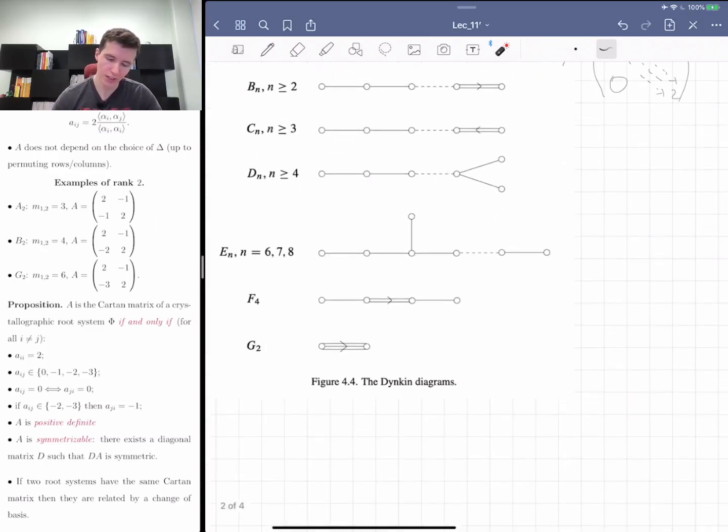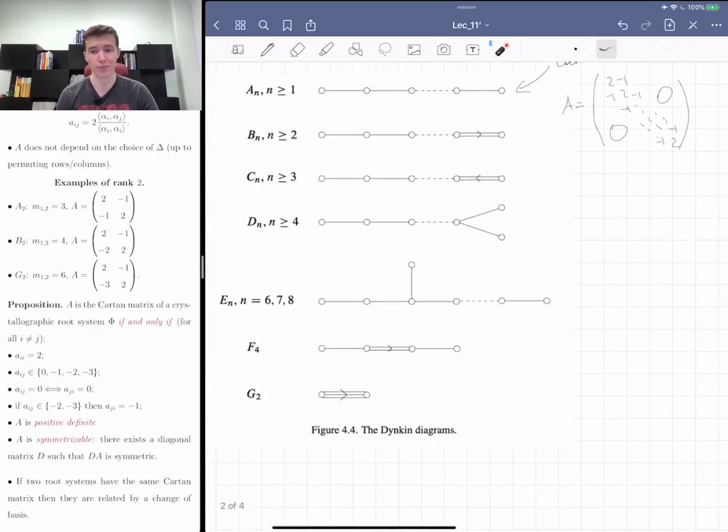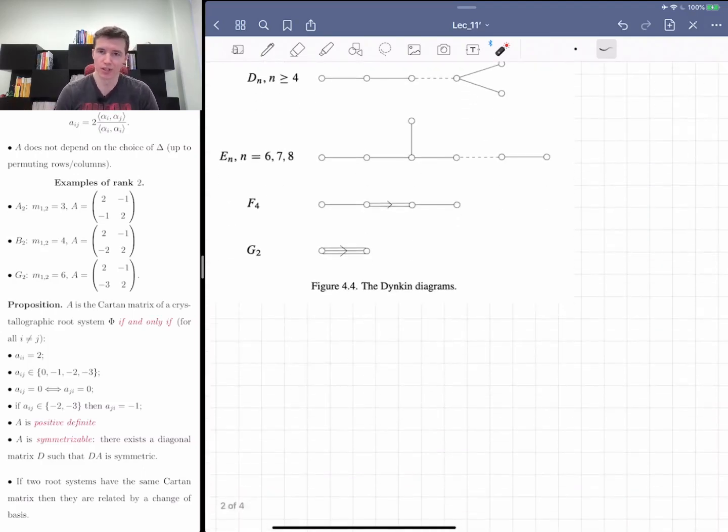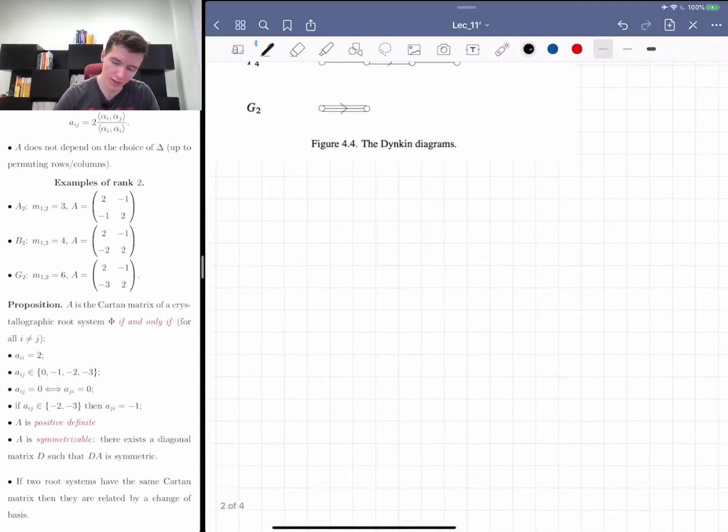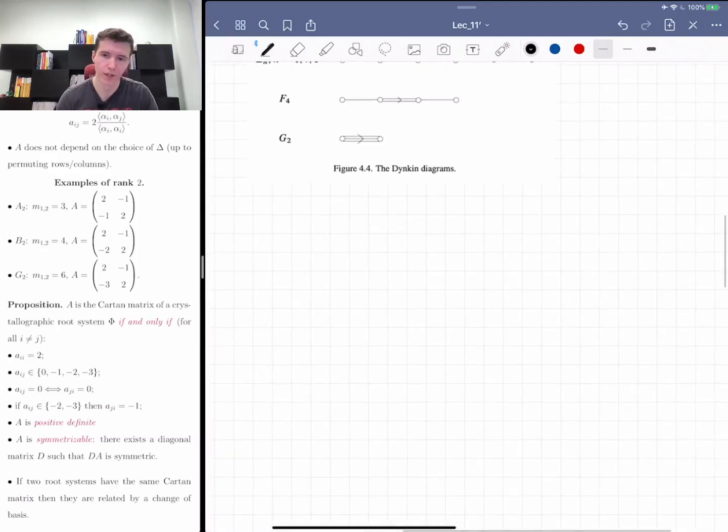But for now, let me also mention a related problem, which is I want to classify not root systems, but Coxeter groups. So remember, the Coxeter group, the reflection group, doesn't really care about the length of your roots. In other words, reflection groups correspond to all root systems, not necessarily the crystallographic ones. And those also admit a nice and very similar classification.